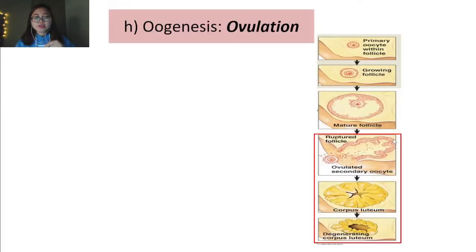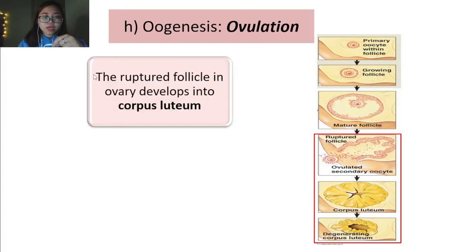All right, so let's learn a little bit more about that ovulation process. During ovulation, the ruptured follicle in the ovary will develop into corpus luteum. Selepas dia keluarkan secondary oocyte tu, follicle tadi akan berubah menjadi corpus luteum.